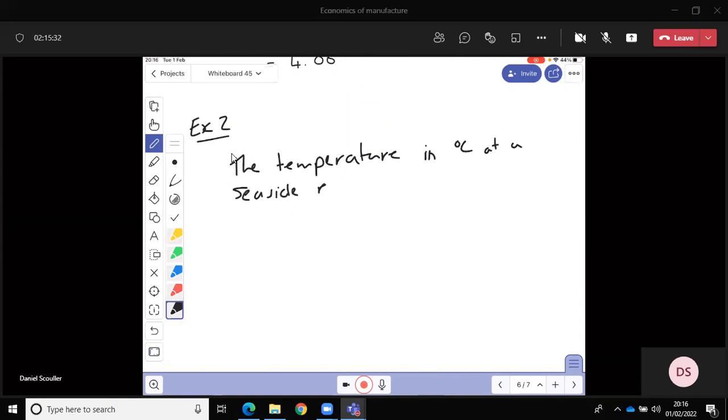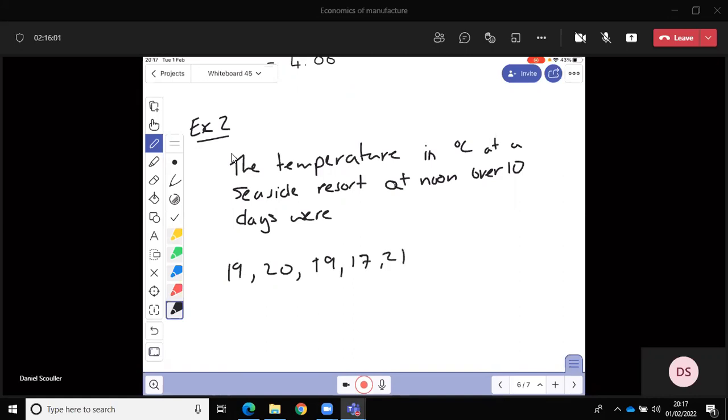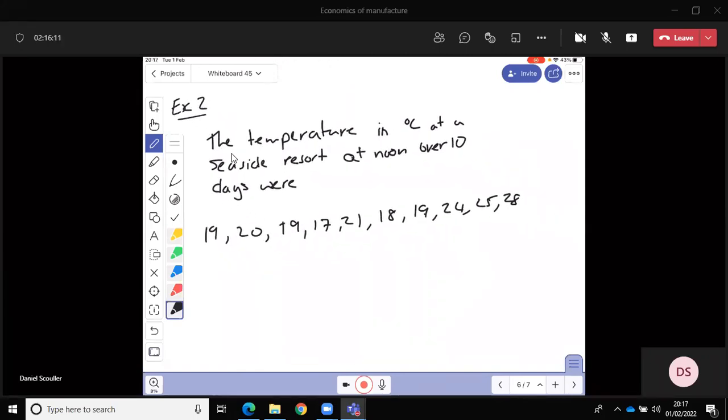So temperature in degrees, that's a seaside resort, at noon, over 10 days. 19, 20, 19, 17, 21, 18, 19, 24, 25, 28. So hopefully that's readable.